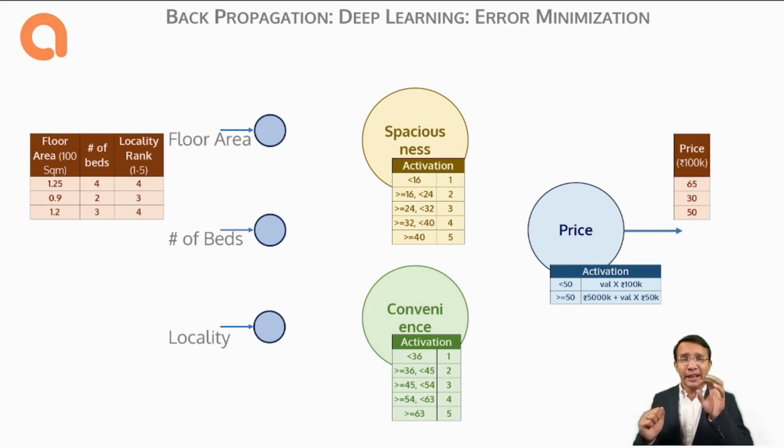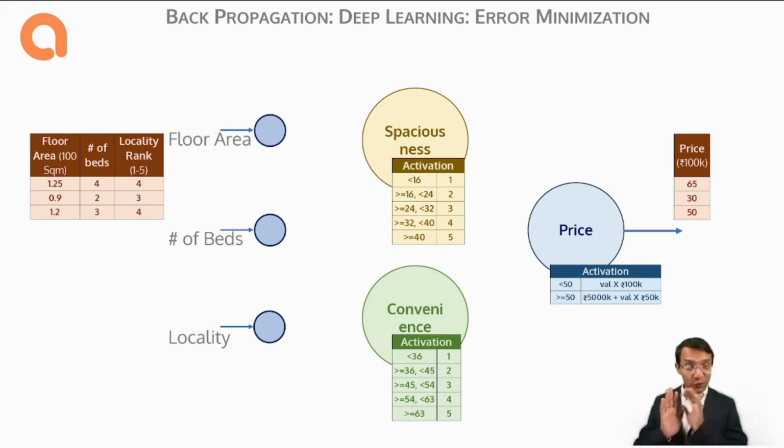Also, it is more apparent to calculate spaciousness as an intermediate parameter directly from the floor area and number of beds, and to some extent locality if you consider it. And also it is very apparent to calculate convenience from locality, number of beds and floor area.